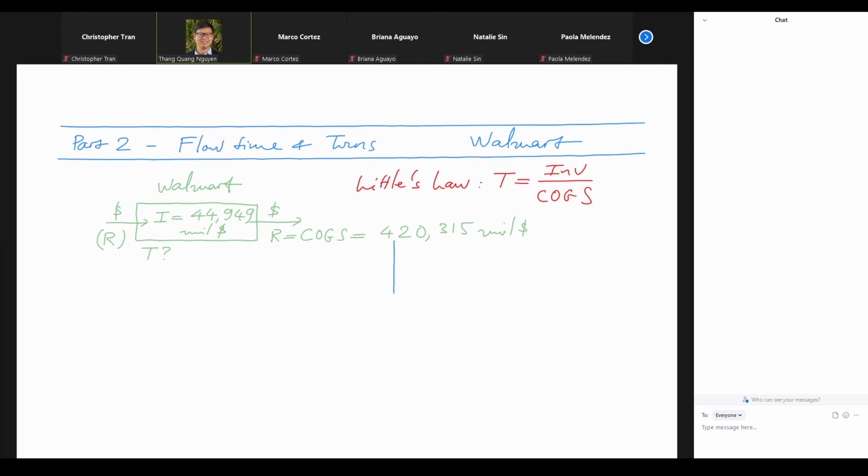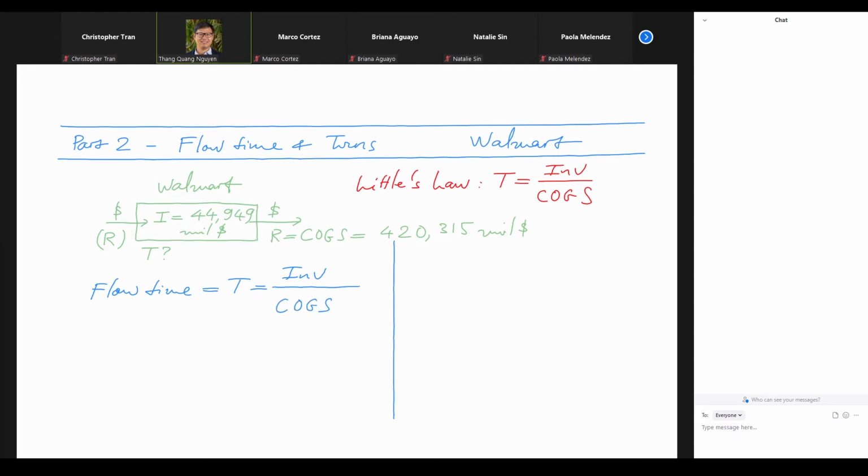In the next step, we can find the flow time. So flow time T equals the merchandise inventory divided by the cost of goods sold.